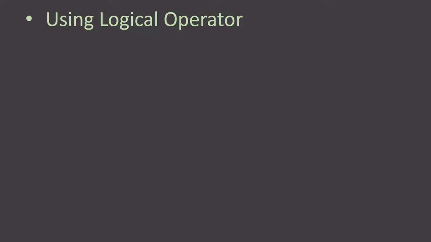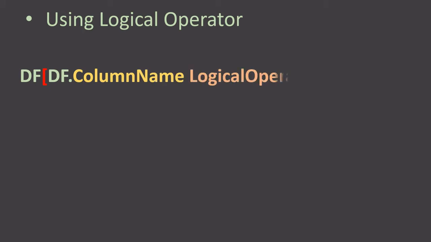So the first thing we're going to learn today is using logical operators to filter the data. How are we going to use that? This is the syntax which you will be trying. This df stands for data frame, and this is a square bracket which we have to start.